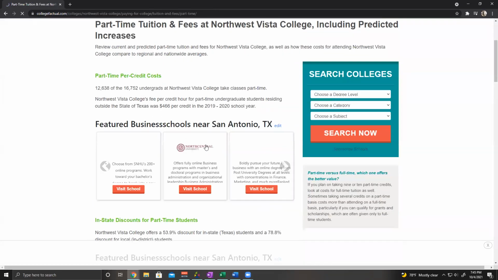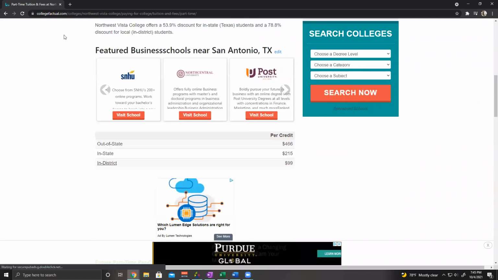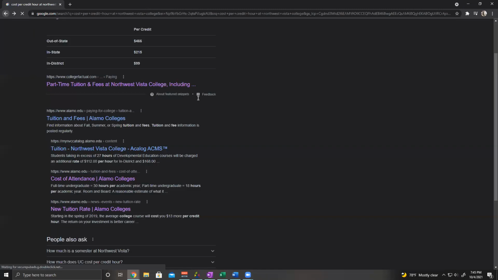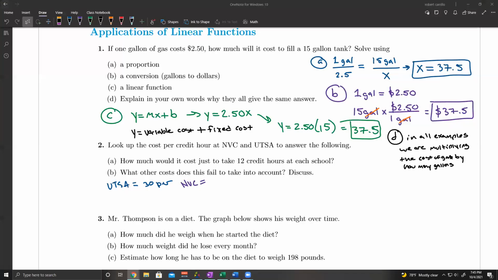Let me text my teacher friend, like, how much is it? In-state, $215 per credit. I don't know. That's some good stuff to find out.